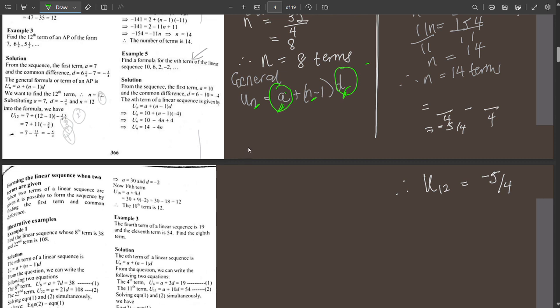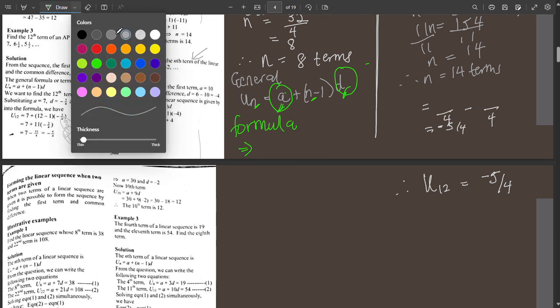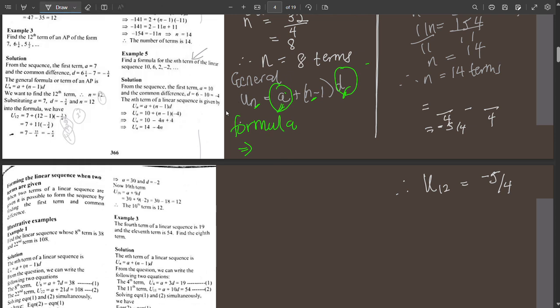So what is the formula? The formula will be A, which according to this is 10. A is 10.